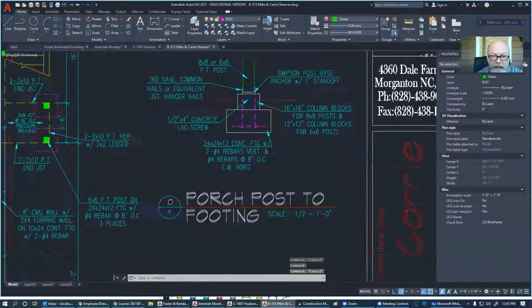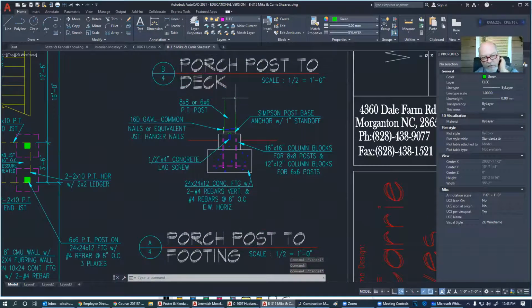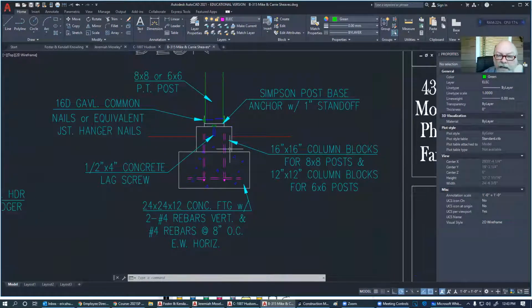Give you an example of that. That's a cross section of it. So the post comes down. In this particular case, we're setting it on a column block, which is basically just a square block that has a hollow center. And then we've got, in this case, 24 by 24 by 12 inch deep concrete footing for this post to set on.